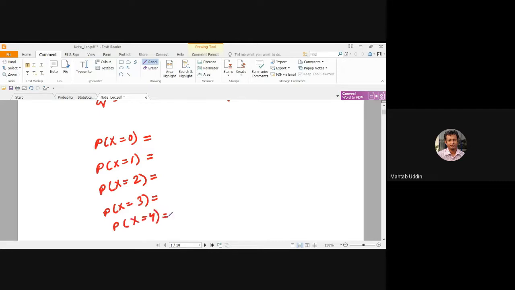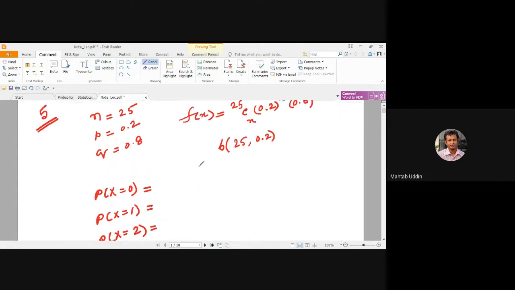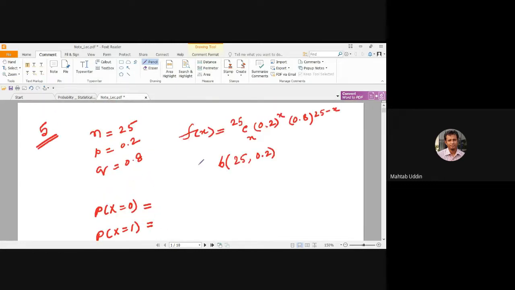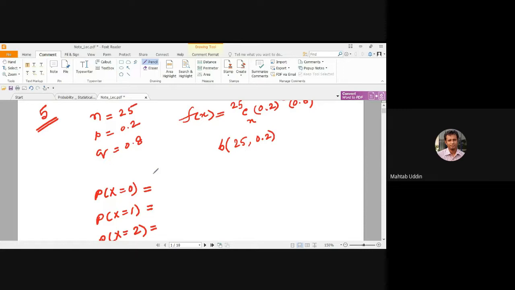Now, how can we find them? I'm showing one. X equals 0, that is 25 C0, 0.2 to the power 0, 0.8 to the power 25. After calculation, you will get 0.0038. Okay? Do you understand?